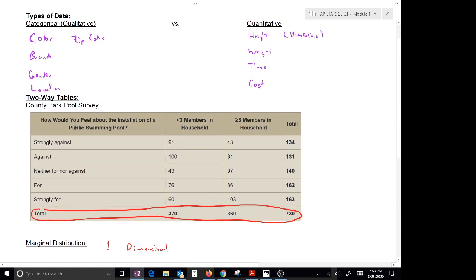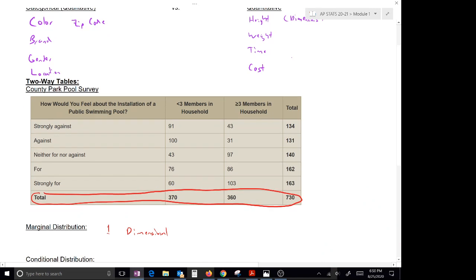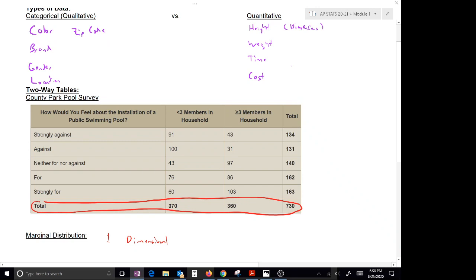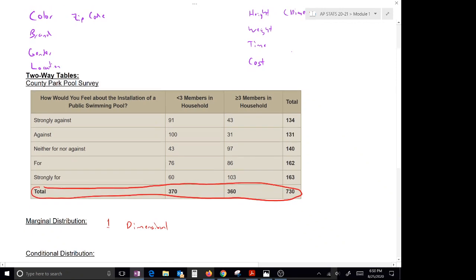If instead of asking do you have less than 3 or more than 3, we just asked how many members were in the household, we could come up with a quantitative measure. So I'm going to allow this as a categorical classification, but just barely.